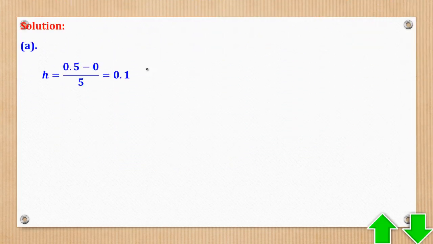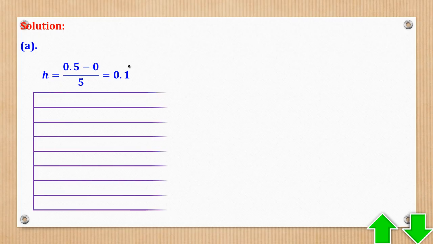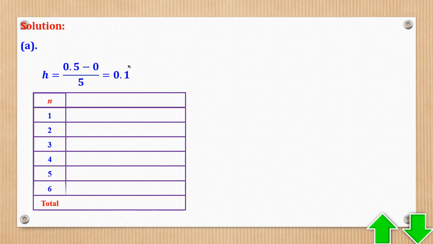First we'll need to get the strip width, then we can tabulate. Ordinates are those ones. Then xn, the lower limit is this, keep on adding 0.1, plus 0.1, plus 0.1, plus 0.1, plus 0.1 until you reach the upper limit.